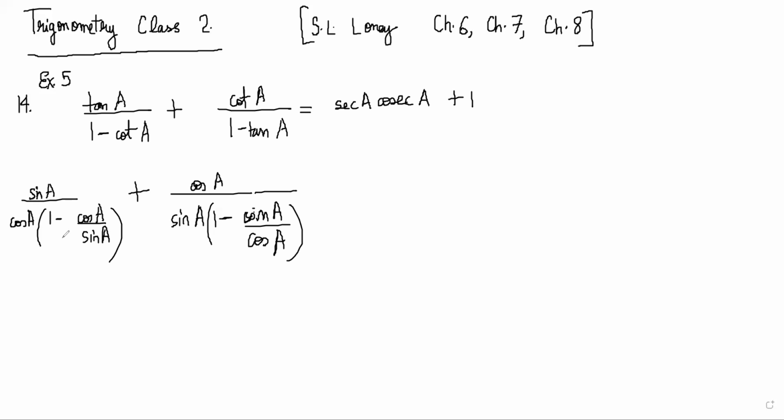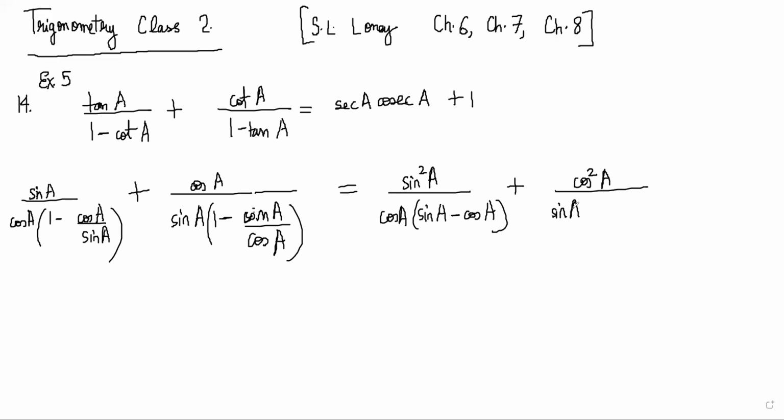So just take the numerator here, sine A minus cos A by sine A. After you simplify a little bit, you will get sine square A by cos A, sine A minus cos A, plus you will get cos square A by sine A, cos A minus sine A, right? Correct. Yes. You're getting this.